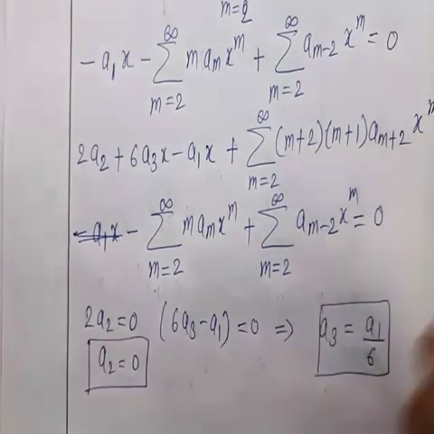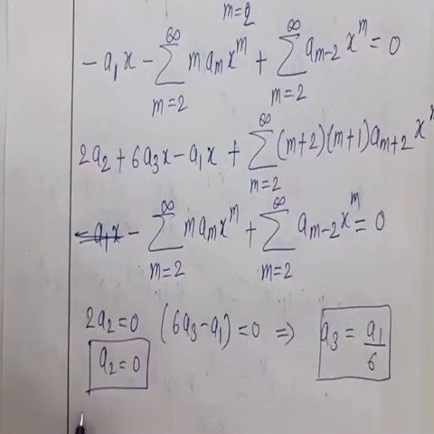Next, equate the coefficient of x to the power m also. The first coefficient is m plus 2, m plus 1, a of m plus 2.